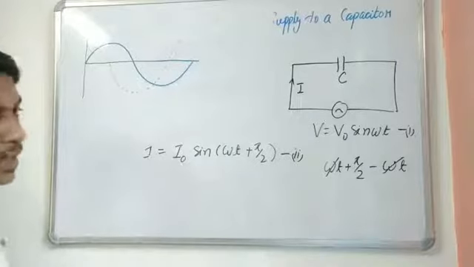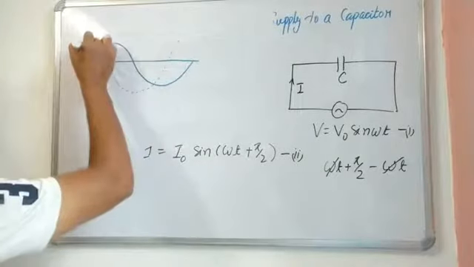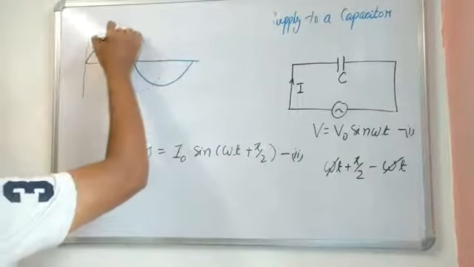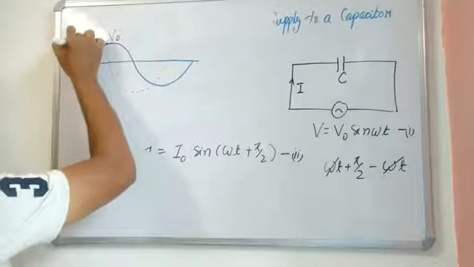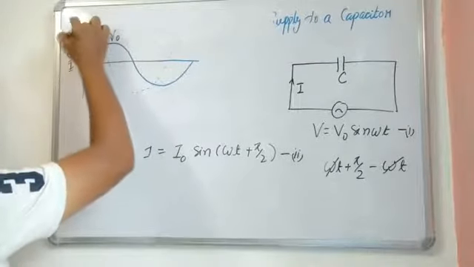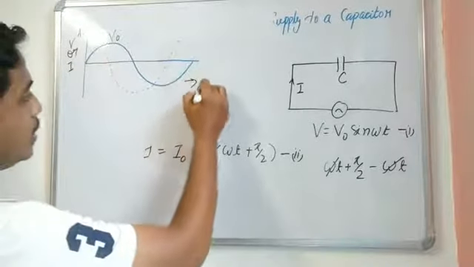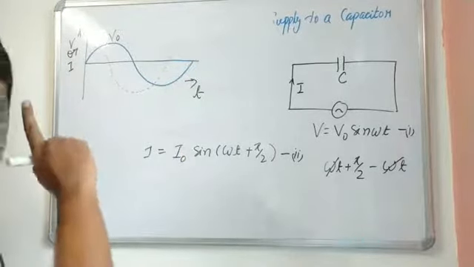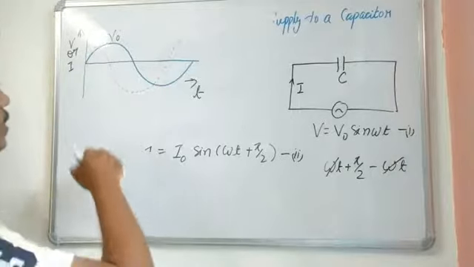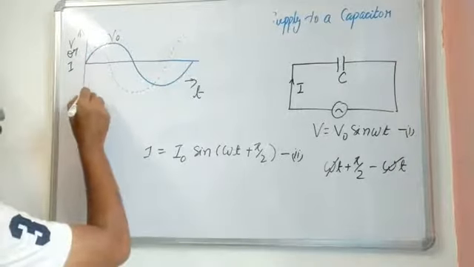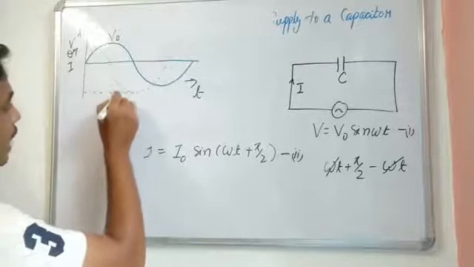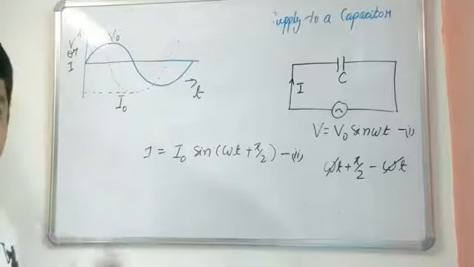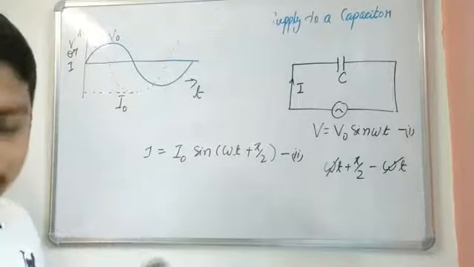Now your voltage and the current, this is representing your maximum voltage, this is your V naught, because this axis is representing V or I, and this is representing your time. Blue line, again I am repeating, it is for the voltage, red line is for the current. So here this is representing your I naught, maximum voltage and the maximum current.